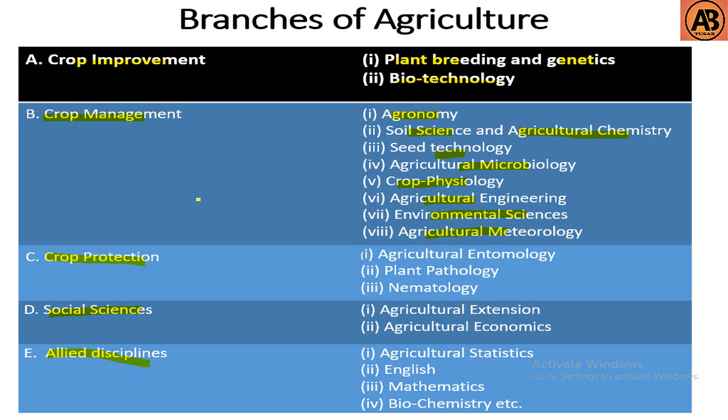And the crop protection contains agricultural entomology, plant pathology, nematology, etc. Then social sciences contains agricultural extension and agricultural economics. Then allied disciplines include agricultural statistics, English, mathematics, biochemistry, etc. So these are the branches of agriculture.